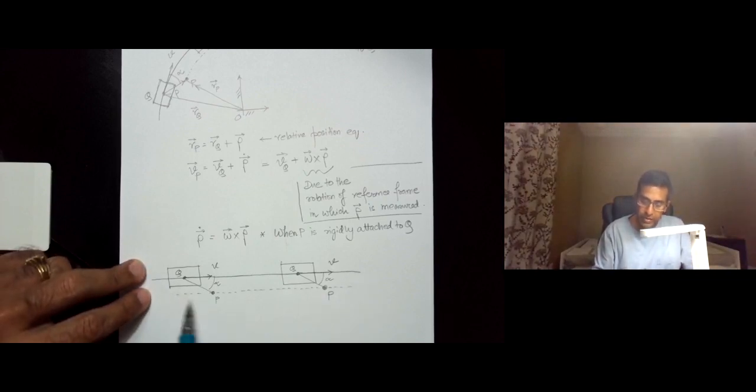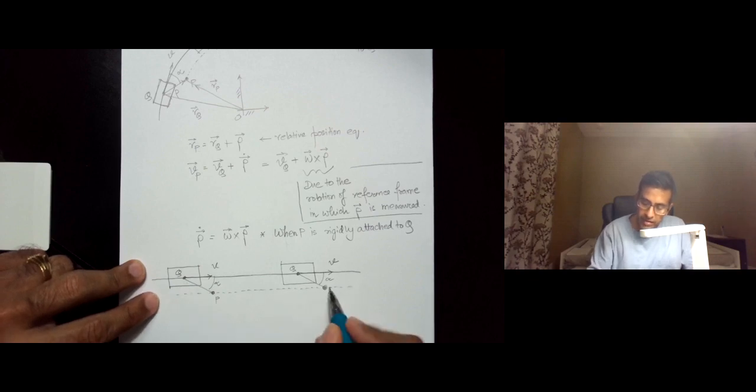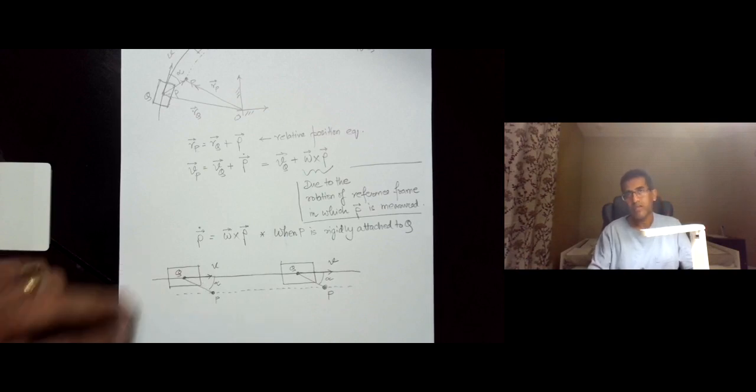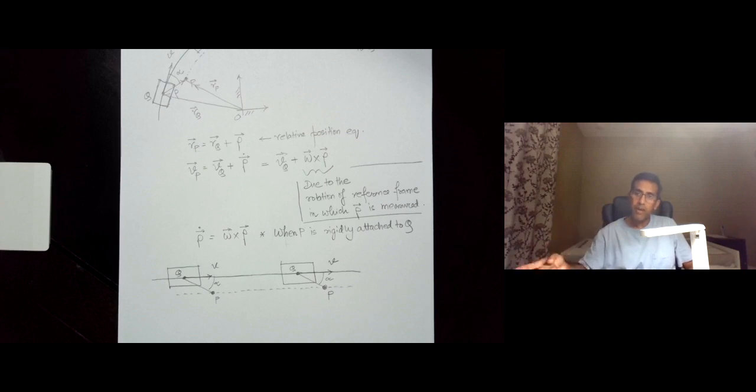Not only parallel, but the velocity with which P would move is the same as the velocity of Q. So when you are driving on a straight road, the velocity of that knob on the volume control is the same as your velocity.